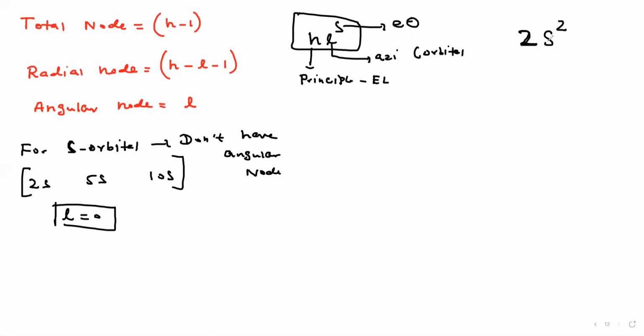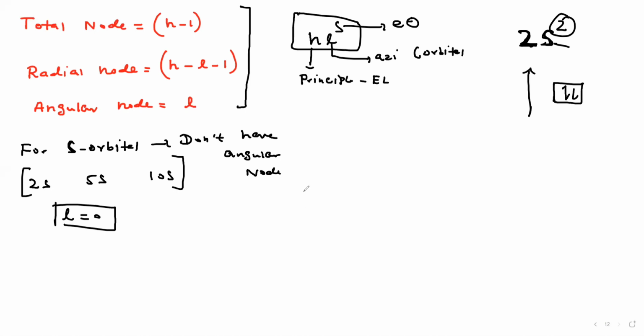This belongs to the second energy level, and it is an s orbital. The n value is the second energy level, and the 2 represents the electron count. Therefore, the number in front represents the n value, the letter represents the l value. Using these three formulas, I am going to find the radial node and angular node of the given orbitals.